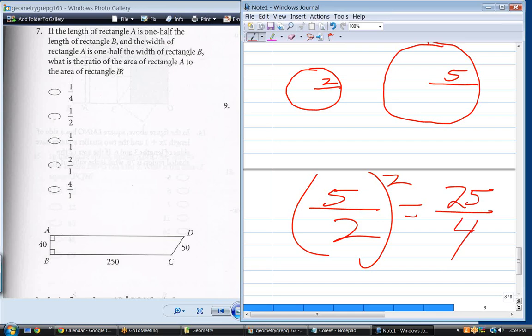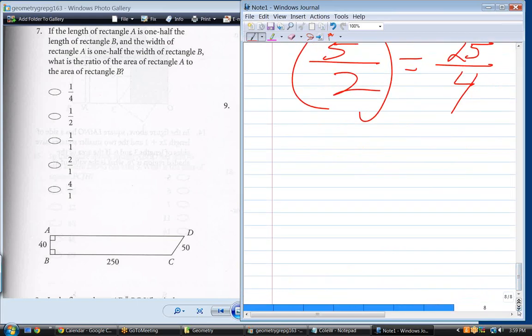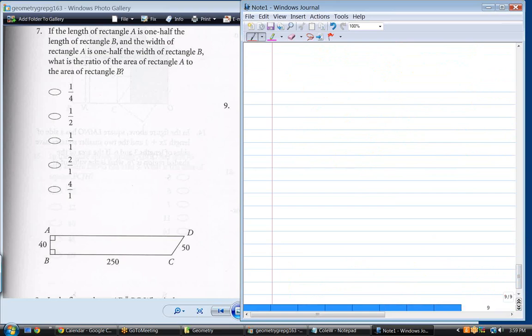And then when you go from 2 dimensions to 3 dimensions, it's the cube. In other words, let's go back and look at our squares.